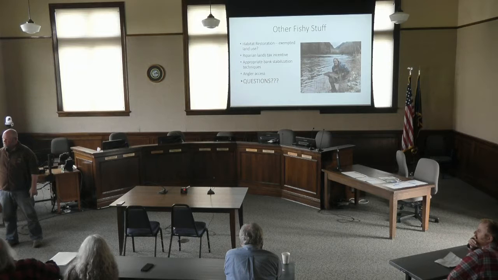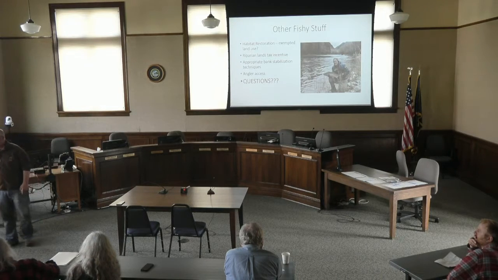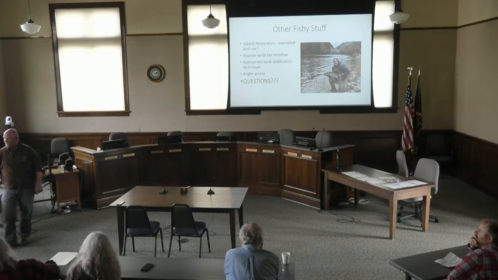But I can't find an example of a cobble berm anywhere in the county. You're talking about basically wing walls? Right. Yeah. I've seen them elsewhere. I don't know of any on the north coast. I'm not educated on how well they work or what the pros and cons are.